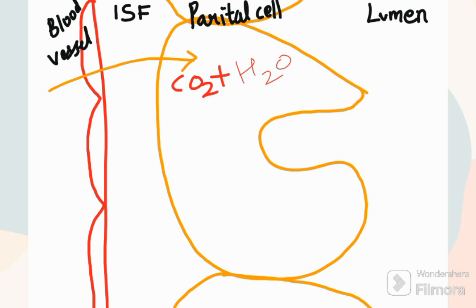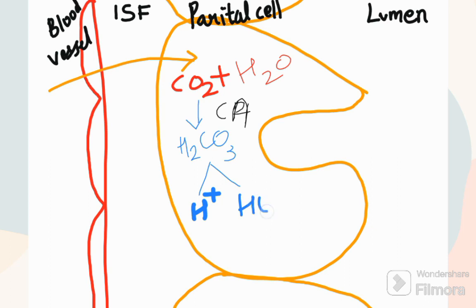Now they are converted into bicarbonate by the enzyme carbonic anhydrase. Now the H2CO3 is converted into H plus and HCO3 minus. You have to send out the H plus and HCO3 minus.